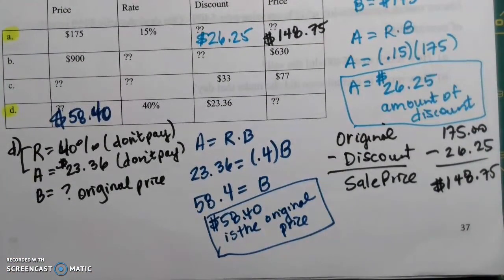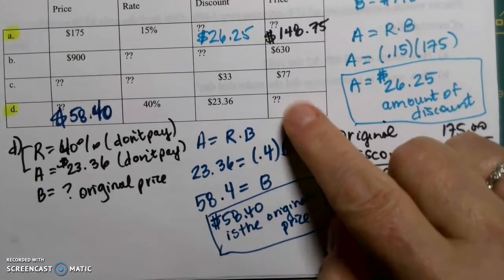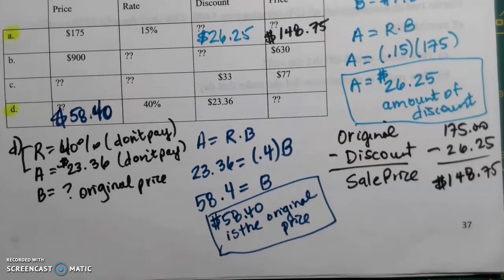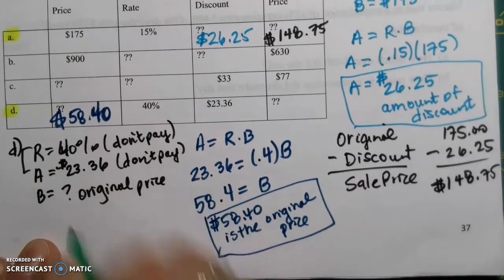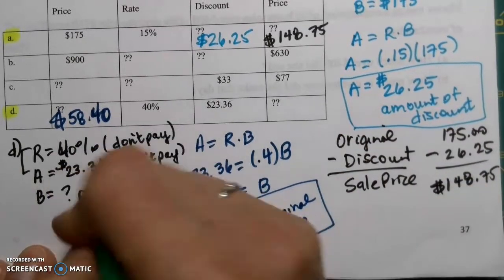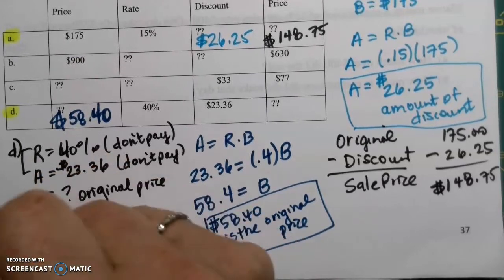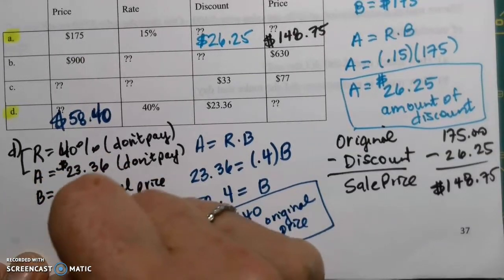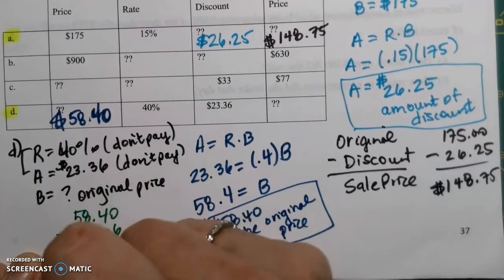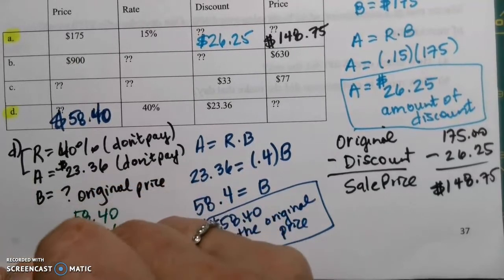And then to figure out the sale price, that's the other blank for this row of G here, we would take our original price minus our discount. So just like we did in part A. So the original was the $58.40 minus the $23.36. And then that is going to give us the part that we actually pay.